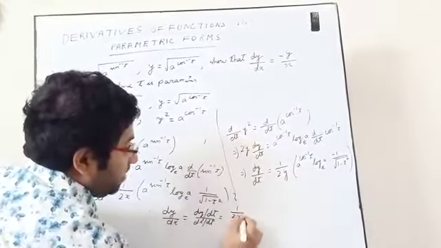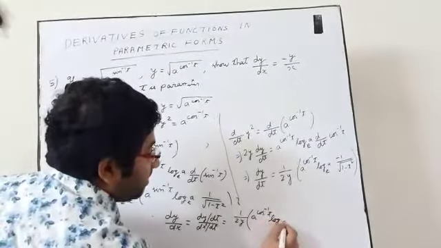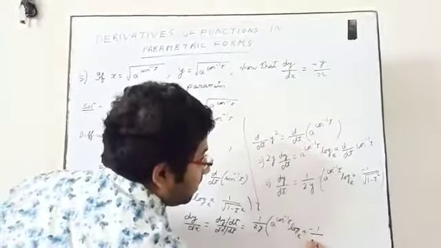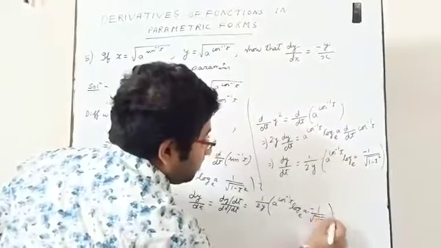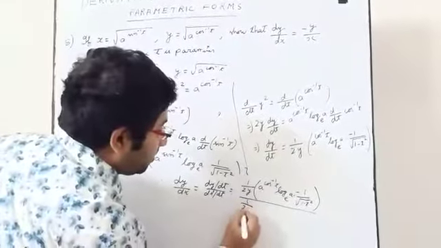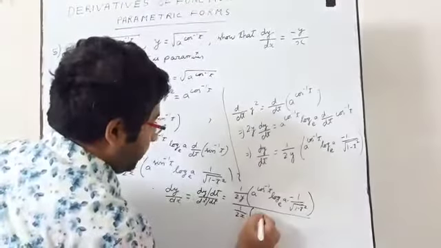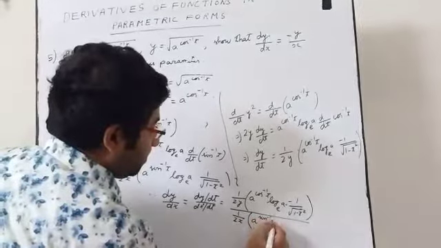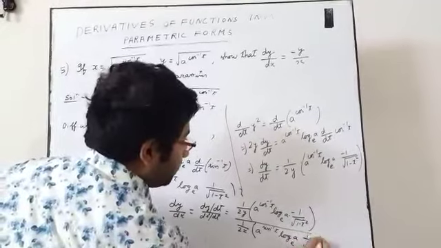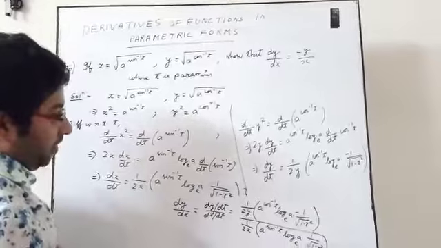It is 1 by twice y, a to the power cos inverse t log a into minus 1 by root over 1 minus t square. And dx by dt is 1 by 2x, a to the power sin inverse t log a into 1 by root over 1 minus t square. Is it clear or not?